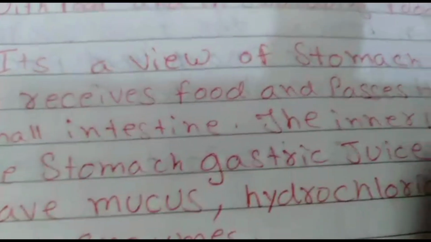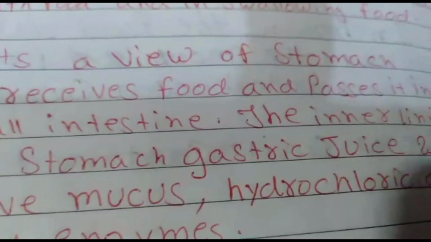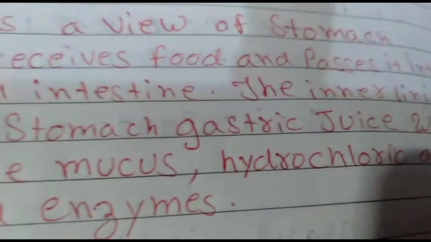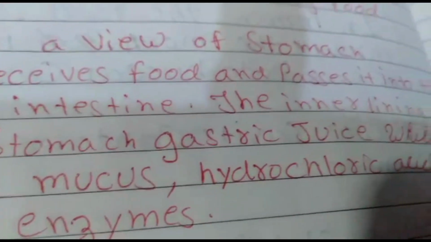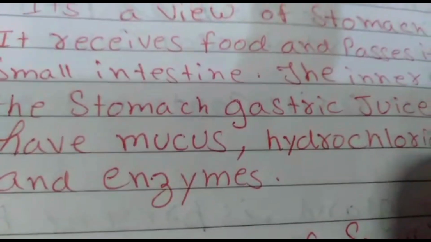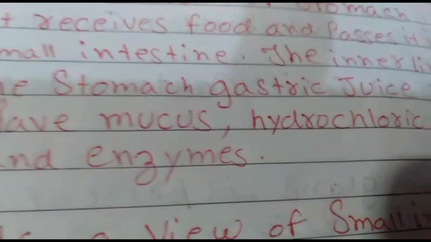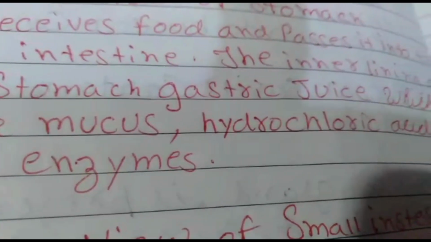Second is the view of the stomach. Stomach receives food and passes it into the small intestine. The inner lining of the stomach gives gastric juice, which has mucus, hydrochloric acid and enzymes.